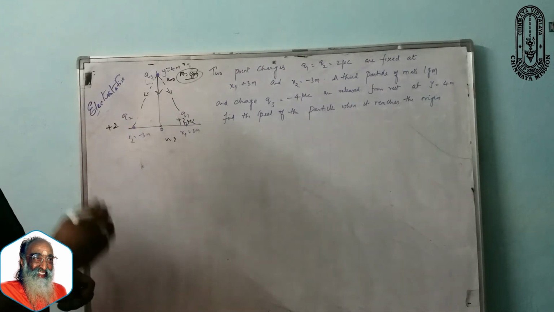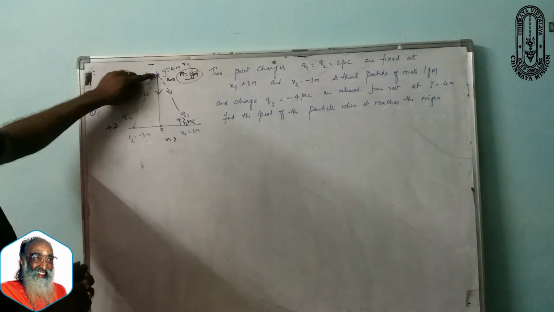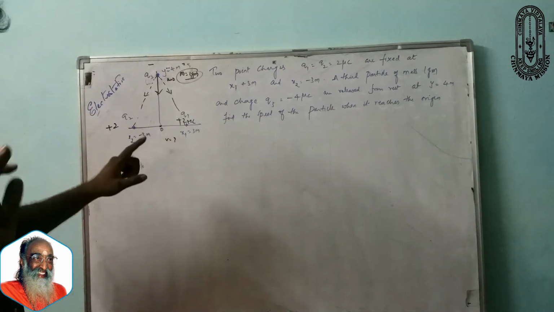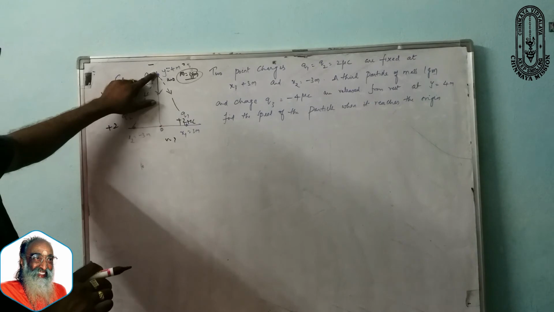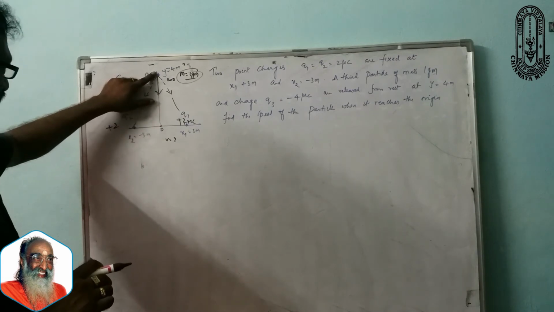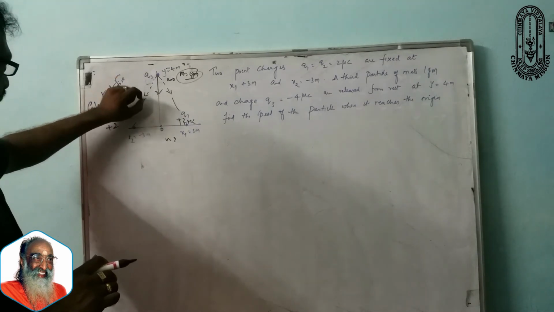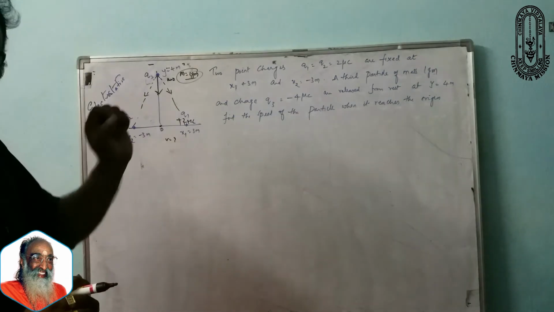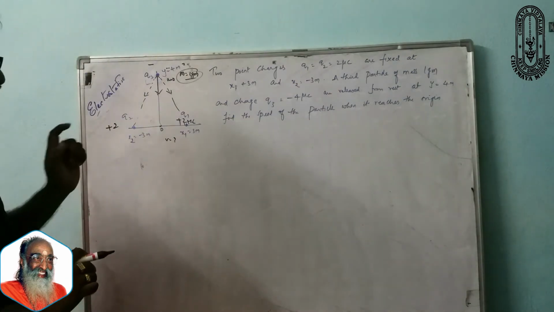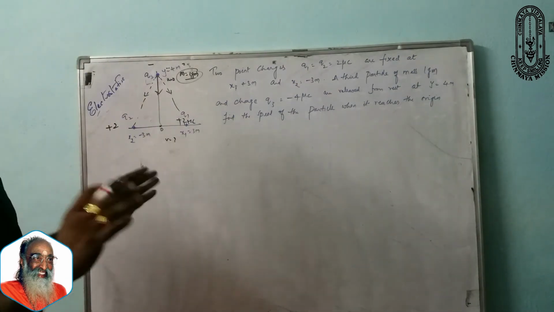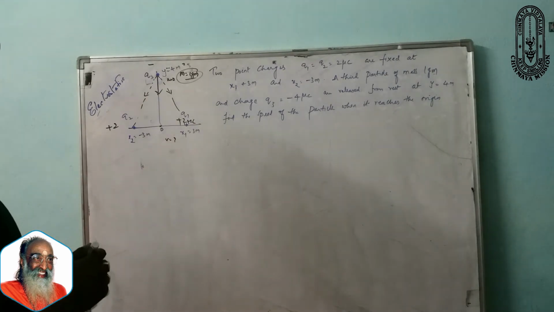But one thing you have to remember here, the acceleration of the particle will not be uniform. When the particle is released from here, because of the electrostatic force, the acceleration of the particle is not uniform. If the acceleration is not uniform, we cannot apply the equations of motion.